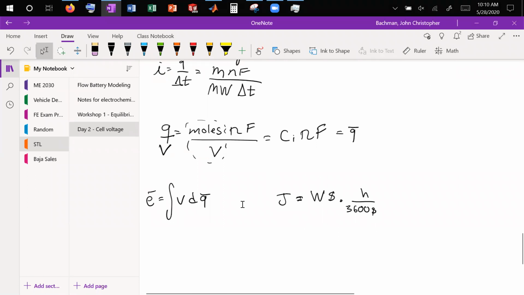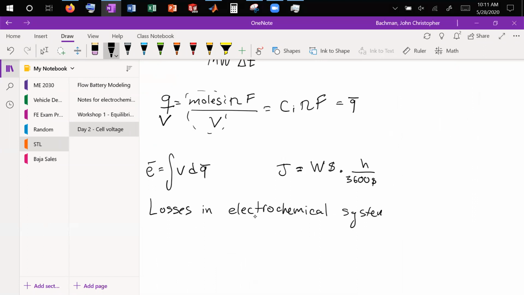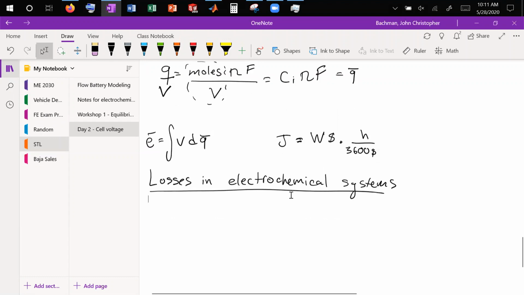So let's talk about losses in electrochemical systems. The way we usually think about electrochemical systems is in terms of losses in voltage.